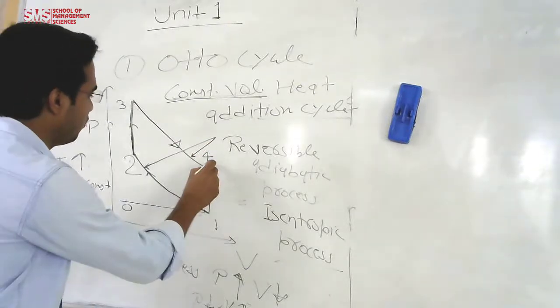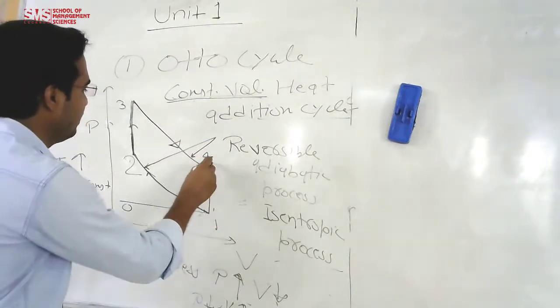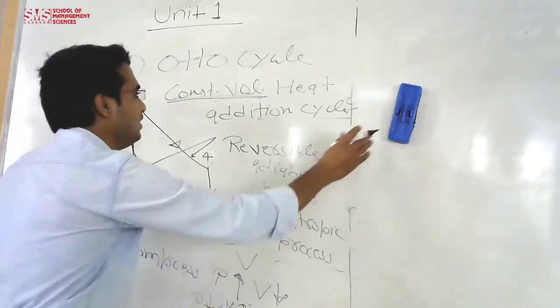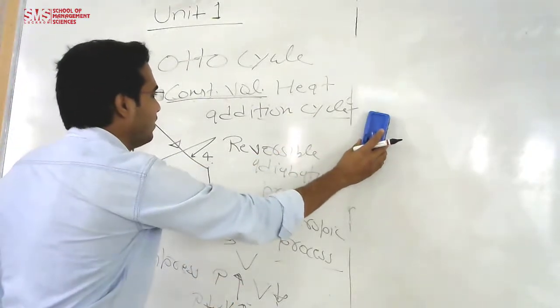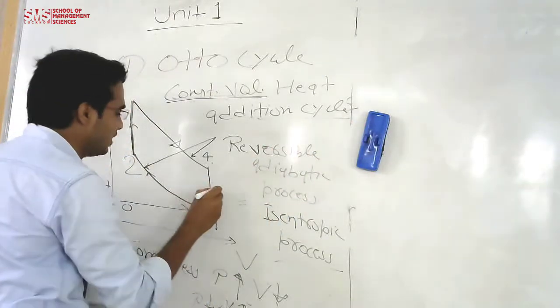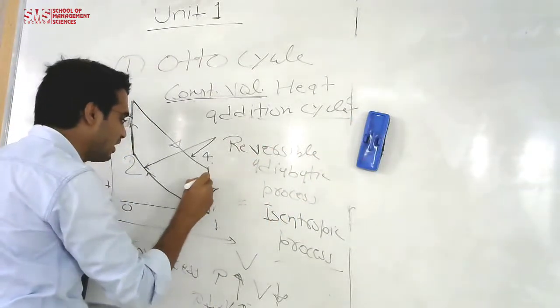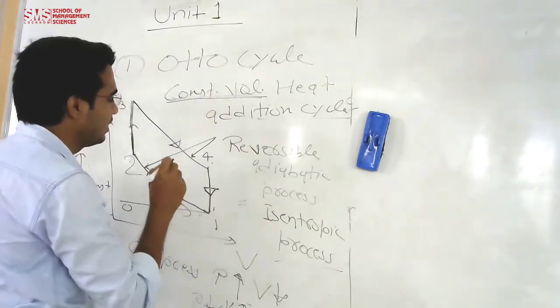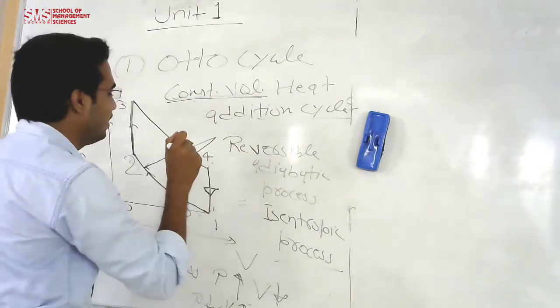Now 4 to 1 is the heat rejection process. Always remember that heat rejection always takes place at constant volume, either in Otto cycle, diesel cycle or dual cycle.